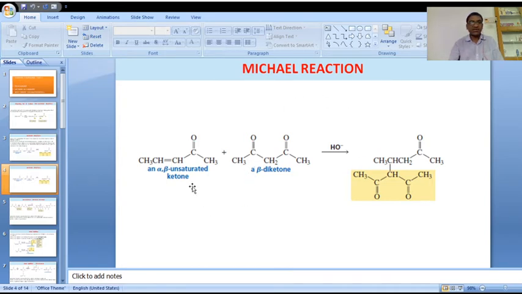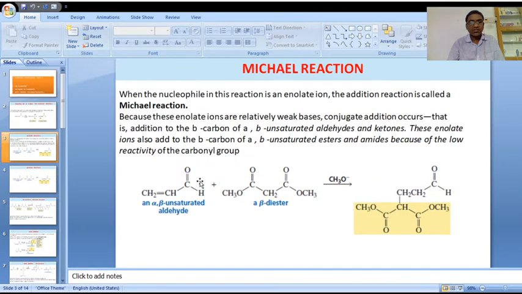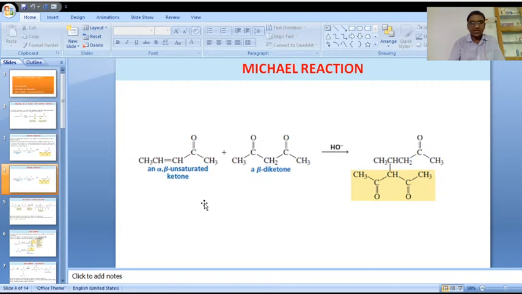Michael reaction, once again the same reaction. This is also an alpha beta unsaturated ketone. Here there is an extra CH3 after the alpha beta carbons. Another example, on reaction with the same diketone. In this compound there is an active methylene CH2.